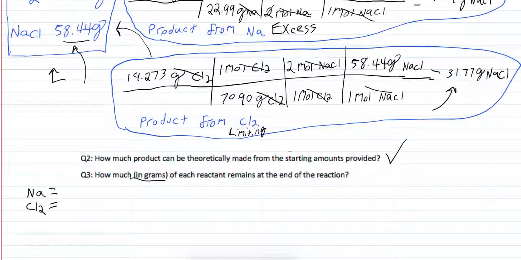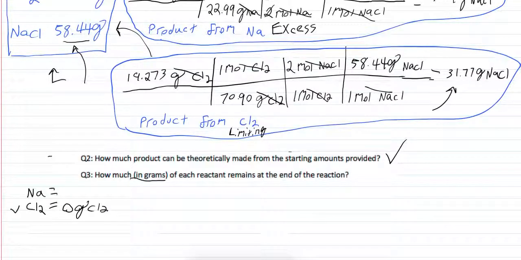If I had money and then I used up or spent all my money, how much do I have left? I have none. Same with Cl2. If this is our limiting reactant, that means that all got used up. And if you use up everything, you have nothing. If you have nothing, you have 0 grams of Cl2. So half of this is done.